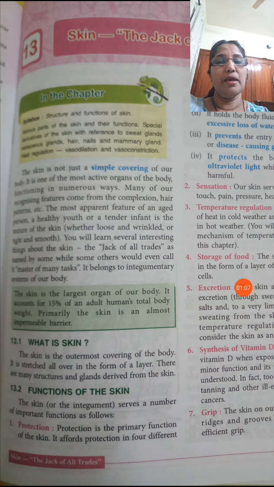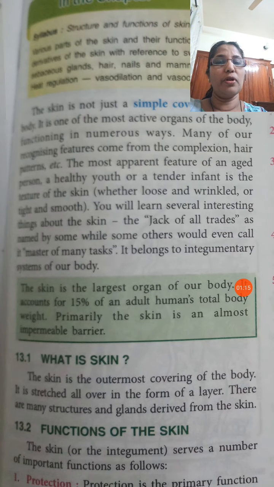The skin's texture may be different from an old person. It is wrinkled and loose, or in young people it is tight and smooth. Such features of the skin help us to identify a person.